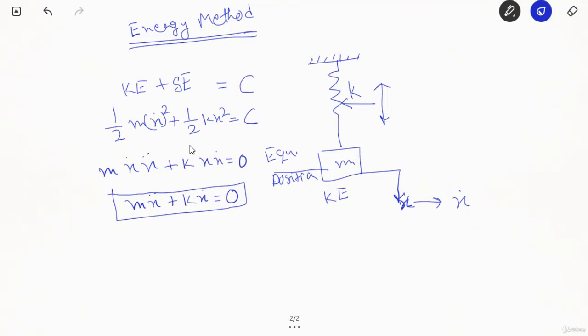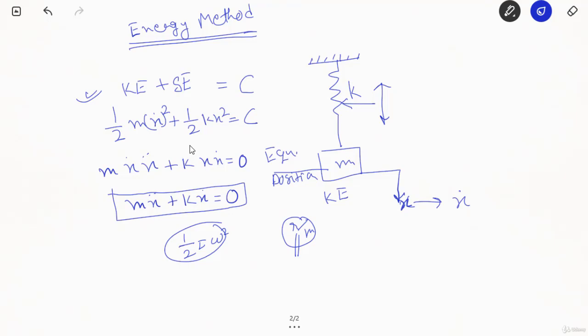Another variation in this, right, in this particular system, we just considered only kinetic energy and spring potential energy, right? If our system has some moving part, for example a pulley which has considerable mass and involves inertia, we also need to include the rotational kinetic energy there, right? The summation will again remain constant, and the method follows the same rule.